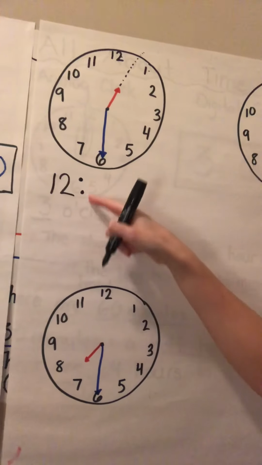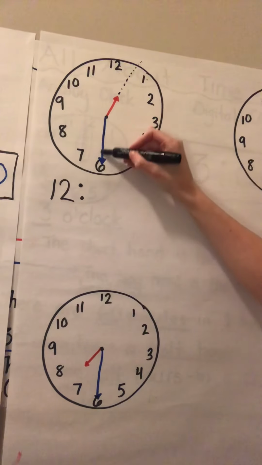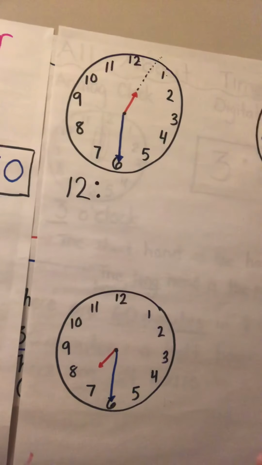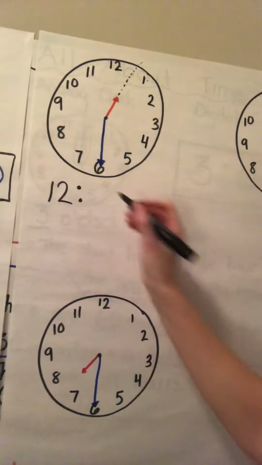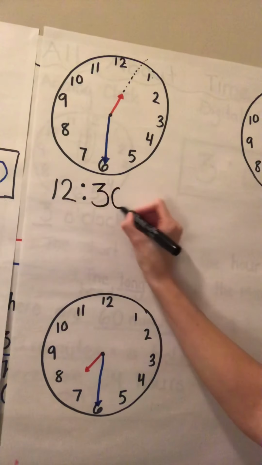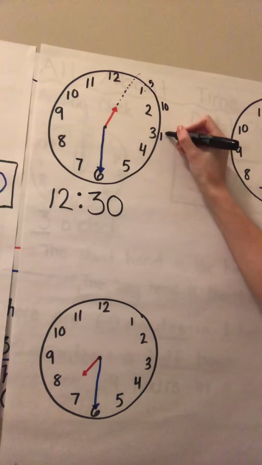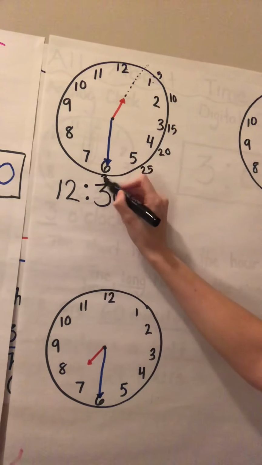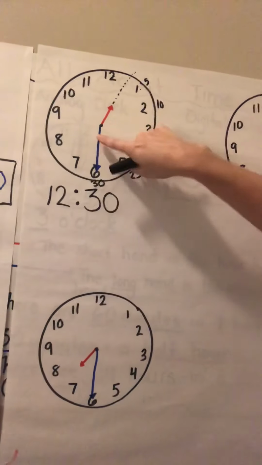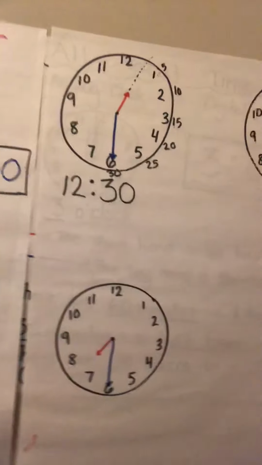Again, I put my colon to separate my hour and minute. 12, and then when my minute hand's at the 6, we say it is what? Right, it's 30. Because when we count by our 5, we have 10, 15, 20, 25. My minute hand's down here at the 30. When we do minutes, we're counting by our 5. So this time says 12:30.